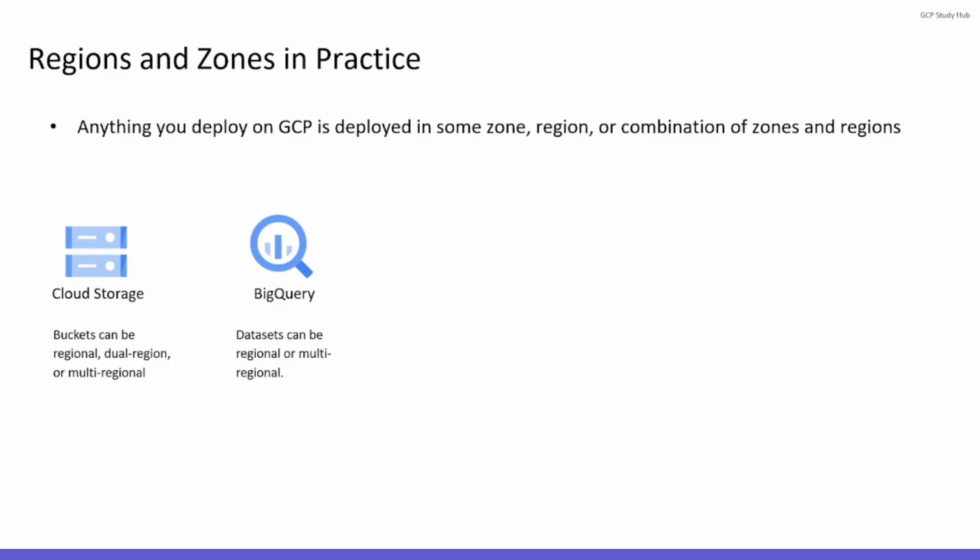Similarly, datasets in BigQuery can also be regional or multi-regional, giving you the ability to optimize for performance or availability depending on your needs. Cloud SQL is zonal, which means the database instance you spin up is tied to a specific zone within a region. So, for example, you will need to plan for failover scenarios accordingly.